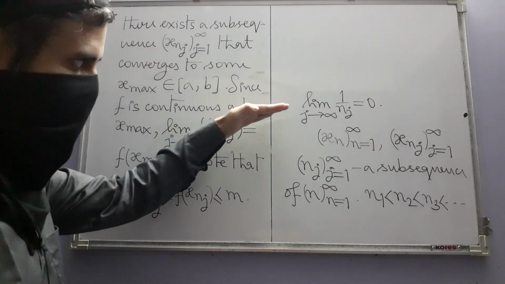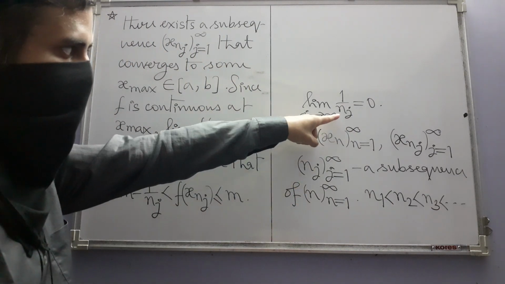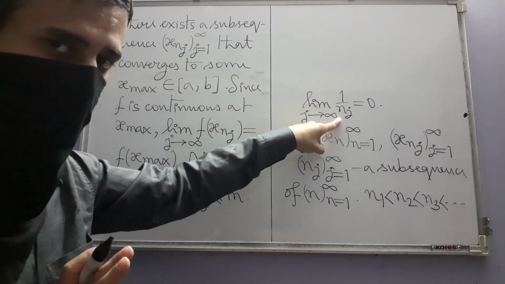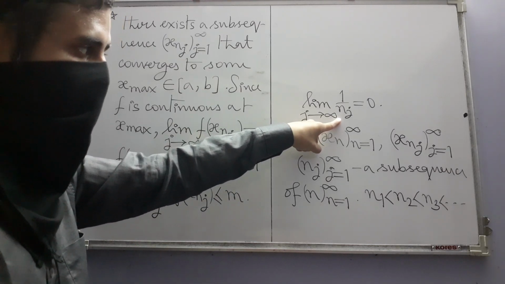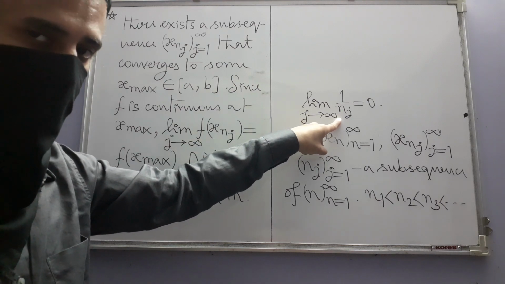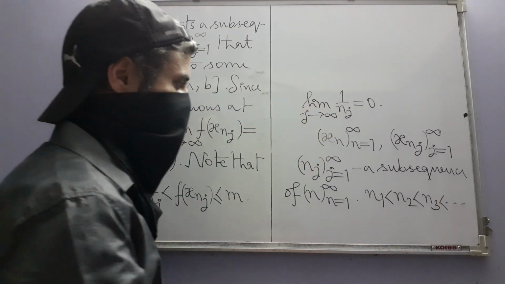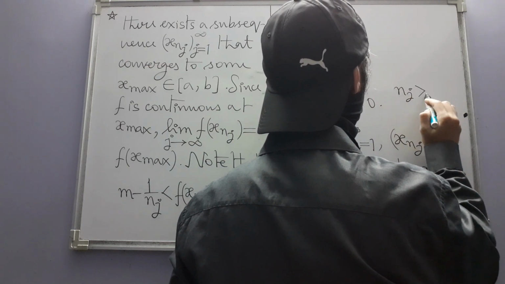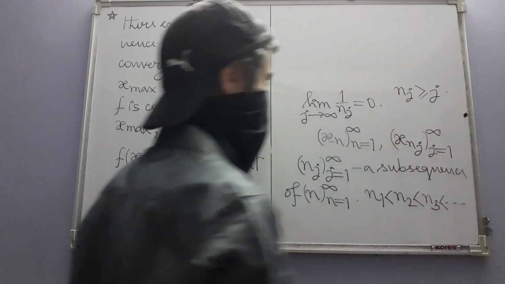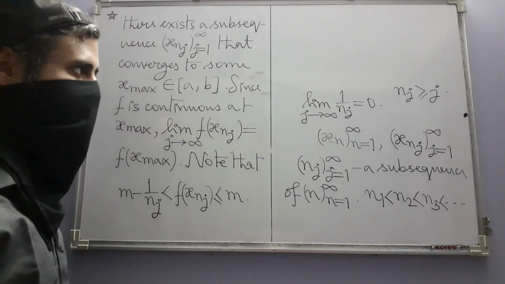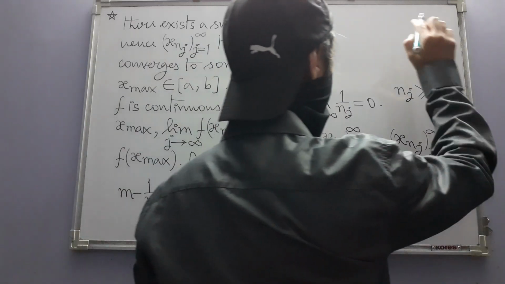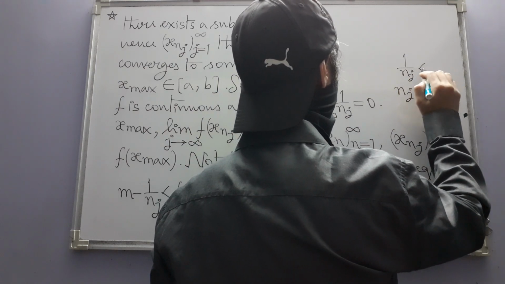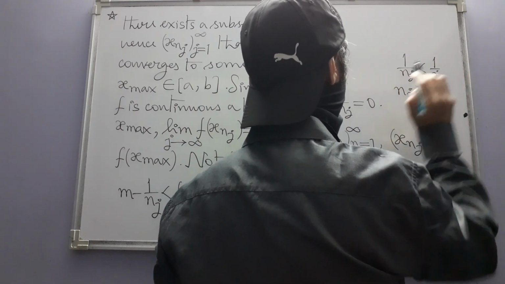What I have said just now in order to justify this is actually not rigorous. Okay, something else is given in the text. Namely, the text says that nj is greater than or equal to j, and that is why 1 over nj will be less than or equal to 1 over j.